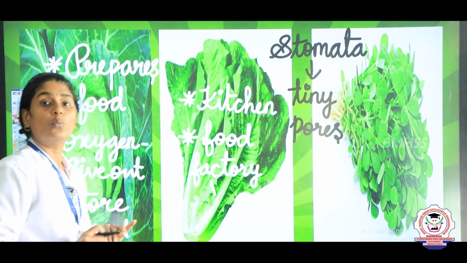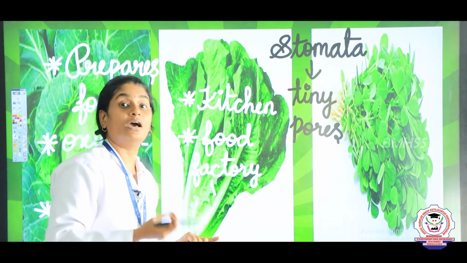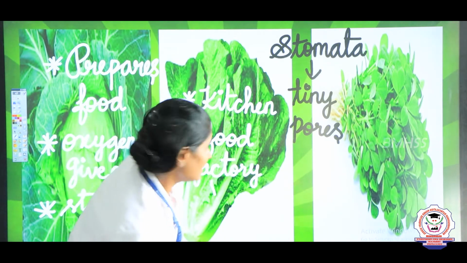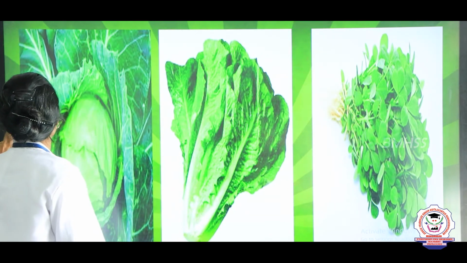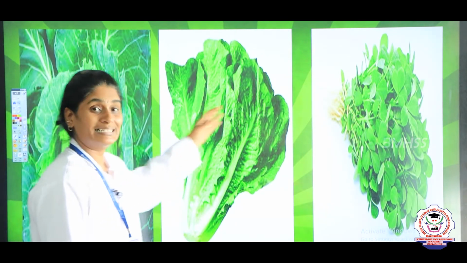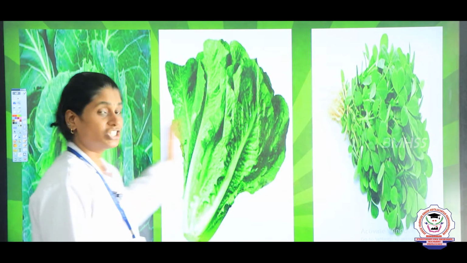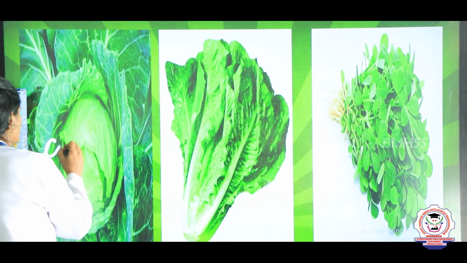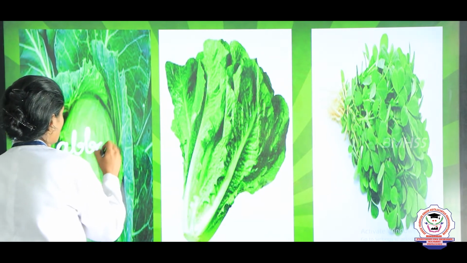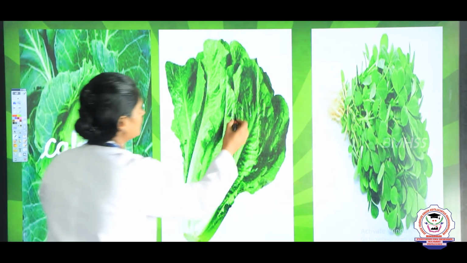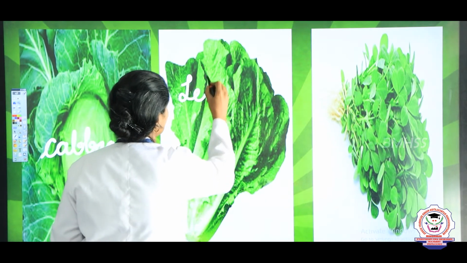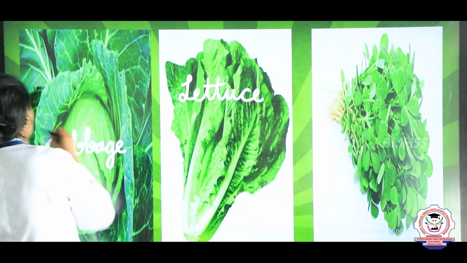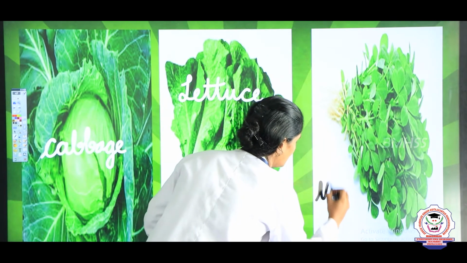Now, let us see what are the foods that we are eating, that are edible. Leaf, for example lettuce, cabbage, methi. This is cabbage, this one is lettuce, and this one is methi, M-E-T-H-I.